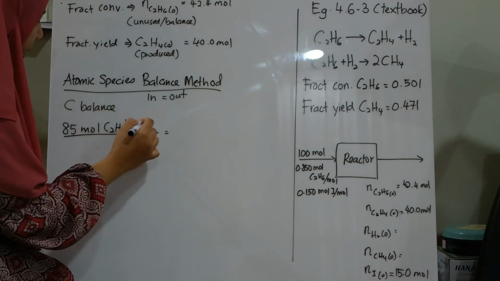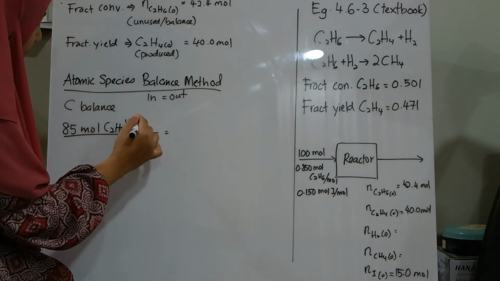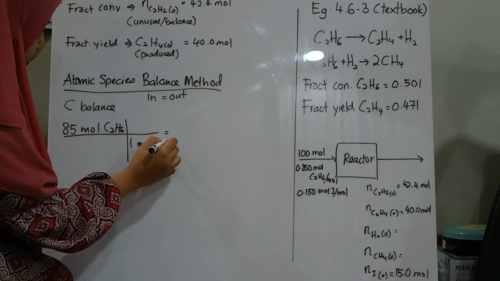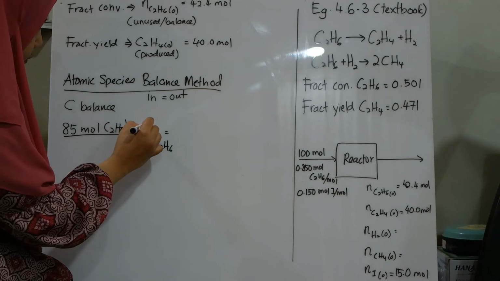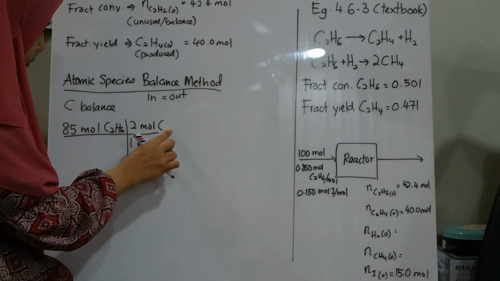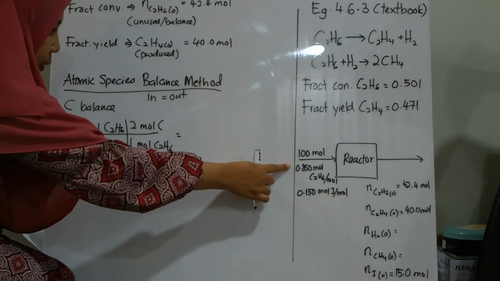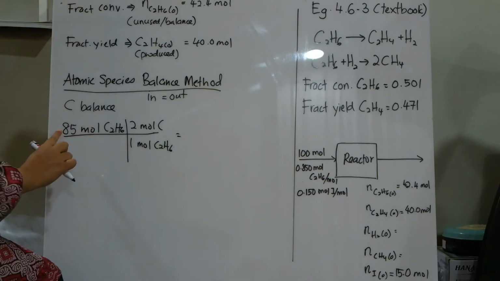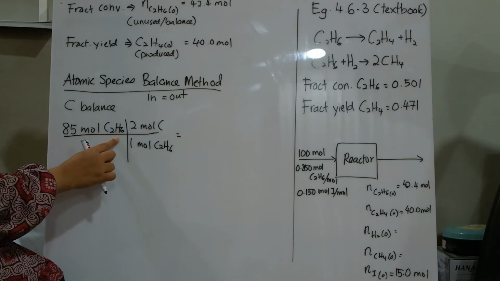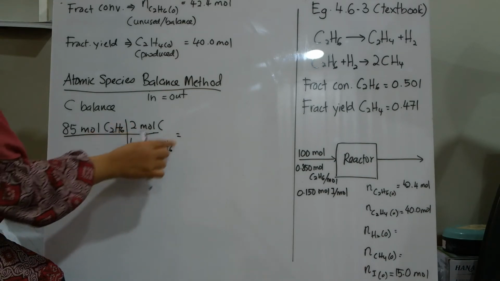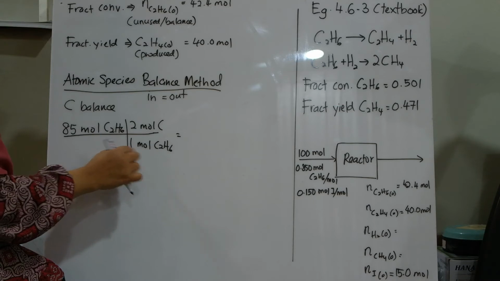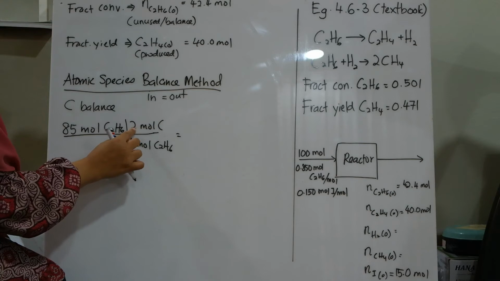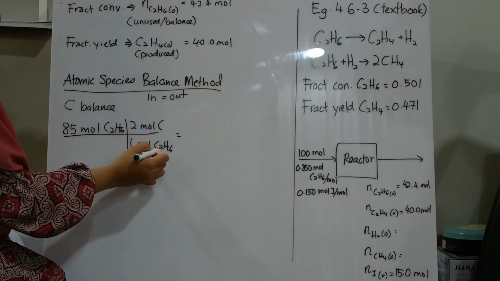We have to solve it in terms of C. From our feed, we only have C in C2H6, so we take 85 mole C2H6 times the relationship that 1 mole of C2H6 is equivalent to 2 mole of C, correct?